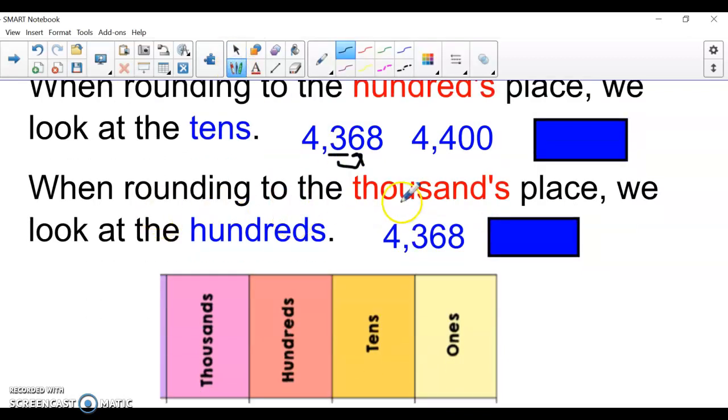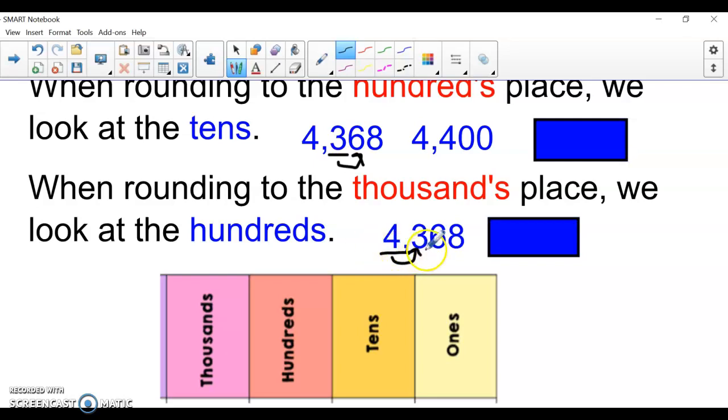Okay, and so we can also round to the thousands place. When we do that, we have to find our thousands. Of course, we have ones, tens, hundreds, and now thousands. It says we now have to look at the hundreds place to determine what to do. So this number, our 2 options are it either goes down to 4,000 and all this becomes zeros, right? The larger place value we round to, the more zeros we're going to end up with. Or it's going to round up to 5,000. This 3 here, if we think of this as 368, is it closer to going up to the next 1,000 or down?